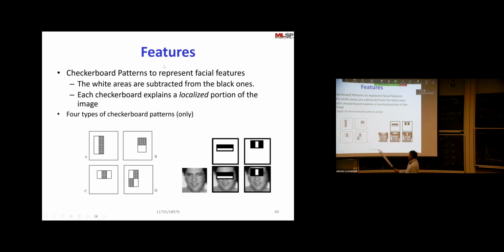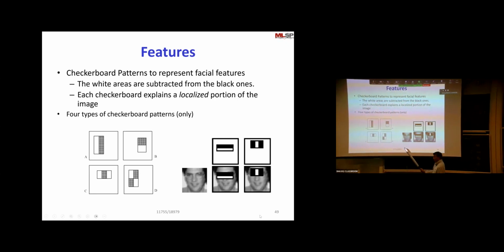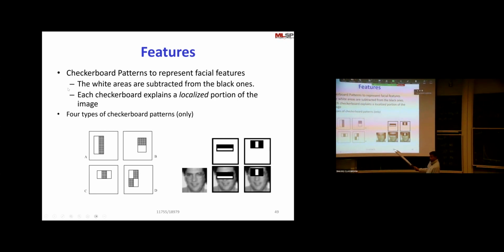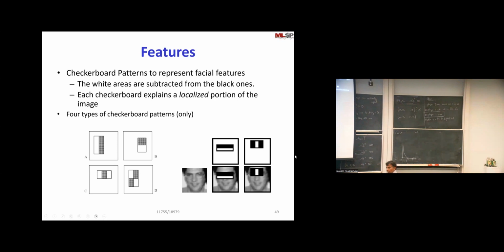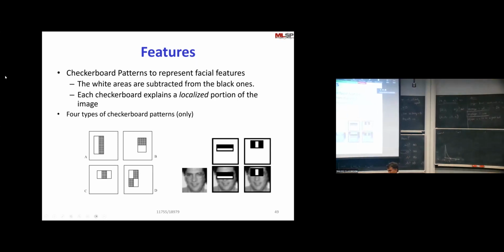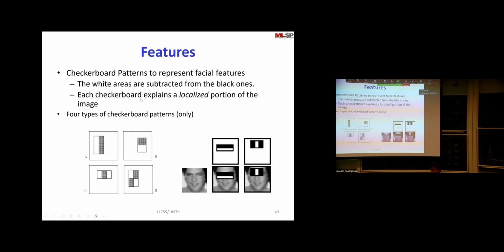I can take, for instance, the negation of this, 0, 1, -1, 0, -1. And if I put it on the bridge of the nose, the feature is going to tell you whether the shape underneath looks like the bridge of a nose or not. Right? Make sense?